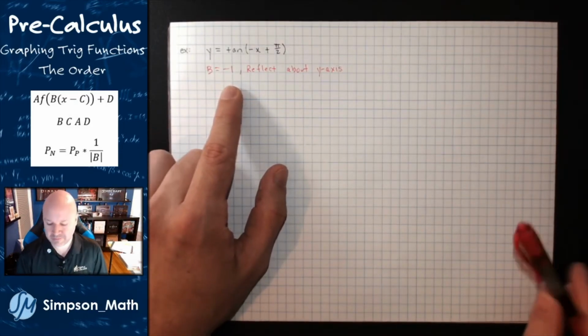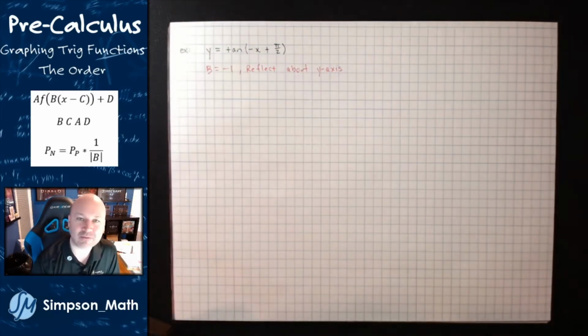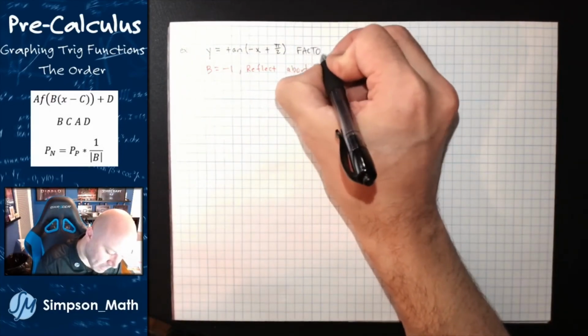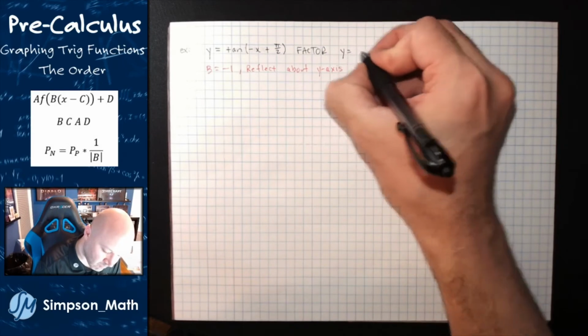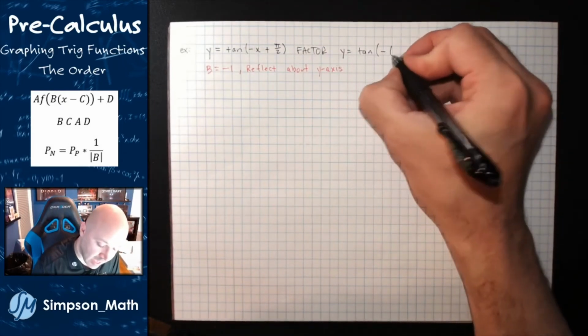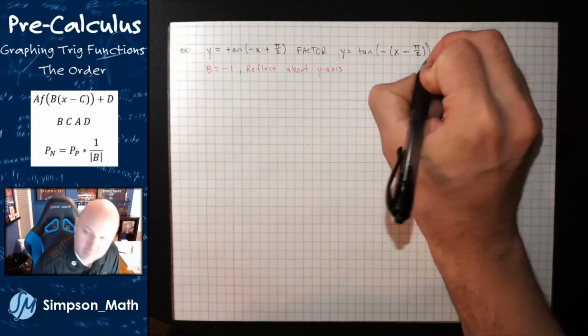No change in period. I need to factor this thing. I probably should have done that before I wrote that down. But anyways, let's factor. Pulling out the minus sign, I'll be left with x minus pi halves.